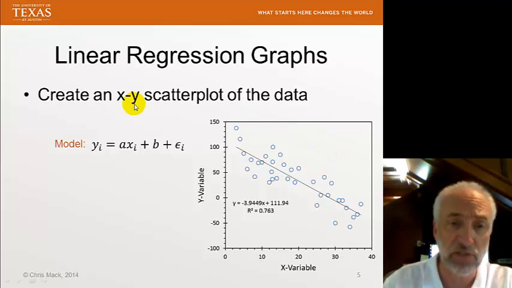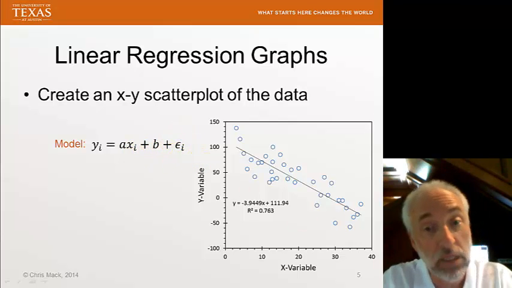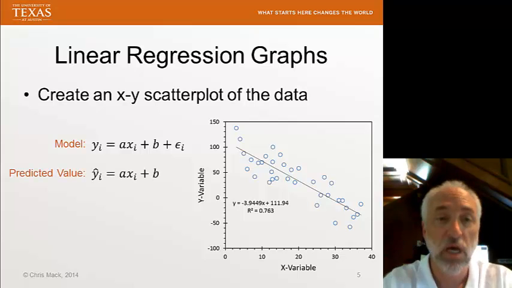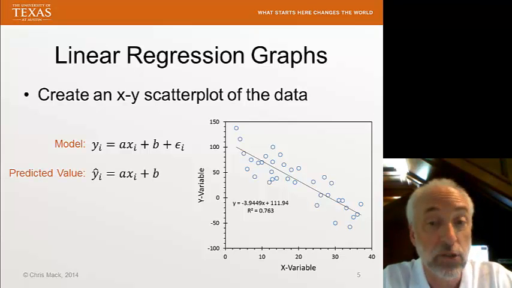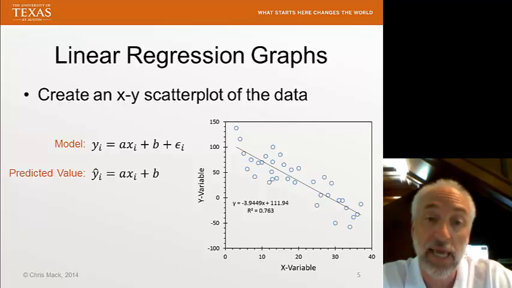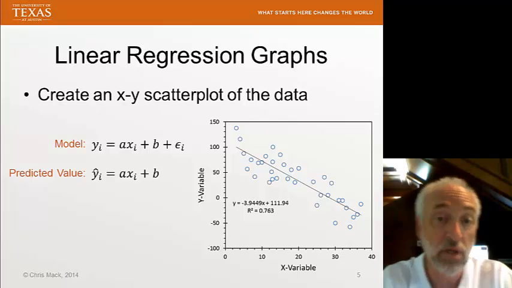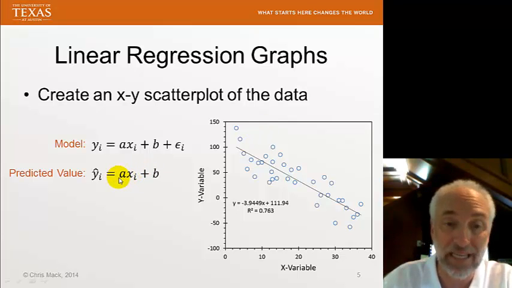My model will be the standard one, y_i equals a x_i plus b plus a residual. I put it in this form to emphasize the residual. Additionally, I'll define the predicted value, y hat i, as simply being a x_i plus b without the residual piece. So the predicted value is the value I would get given my best fit values of a and b.